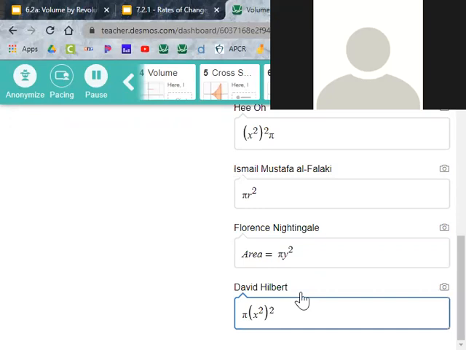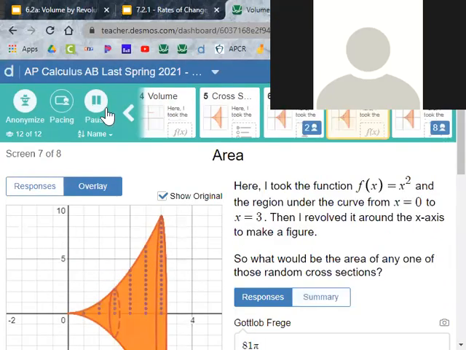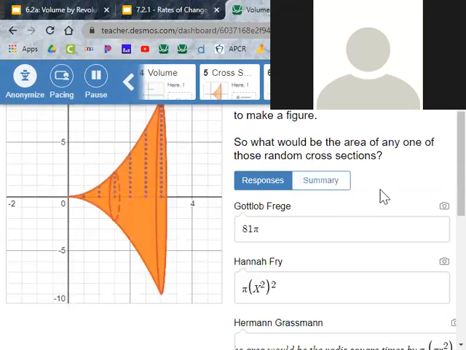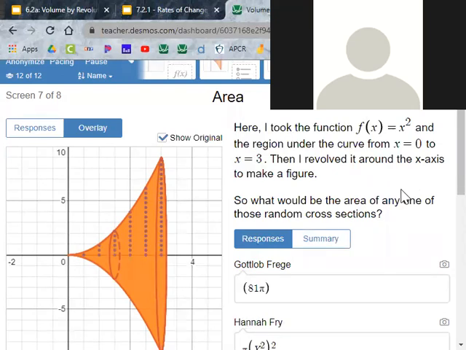Boom. So for area, and I'll let you change your things right now, some version of pi times x squared squared or pi times x to the fourth would be a good thing to put here if you didn't have something like that. So I'll give you a hot second to fix that one. So you can come back and look at that. And remember, that's the area of one of those cross sections.